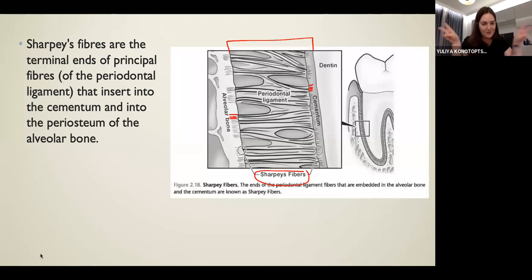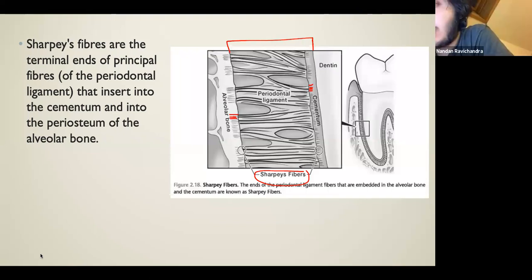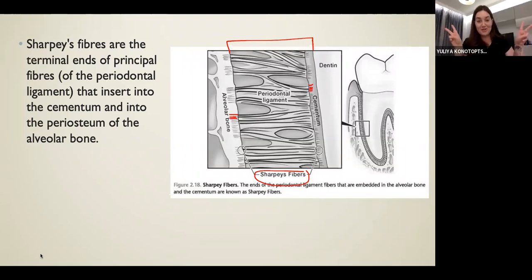What are my fingers? Sharpey's fibers. They're literally hooking into the two areas like this and making sure that everybody is safe and sound. Everybody is hooked to each other, and there's no way that every time I put a little bit of pressure, my teeth just go out of my jaws. So very important, Sharpey's fibers.